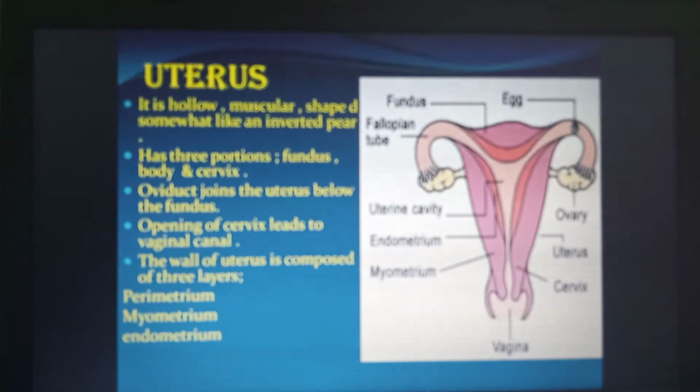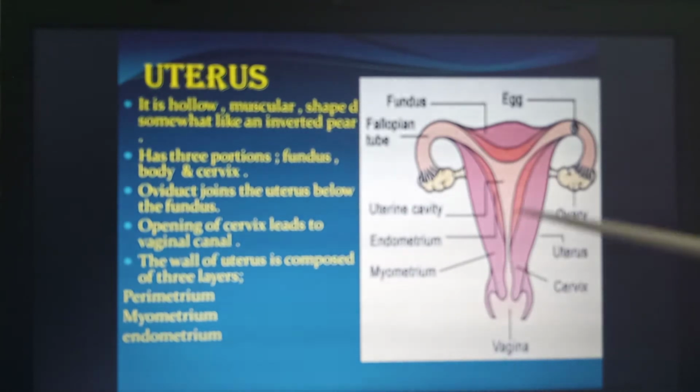Uterus, it is hollow, muscular, shaped somewhat like an inverted pear, has 3 portions: fundus, body, and cervix.